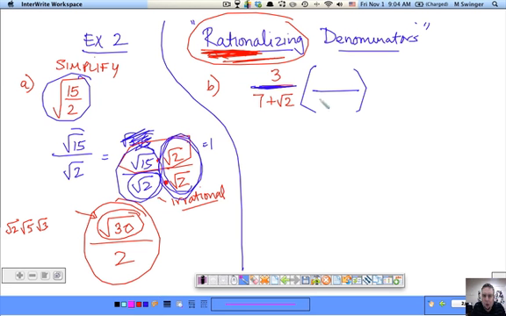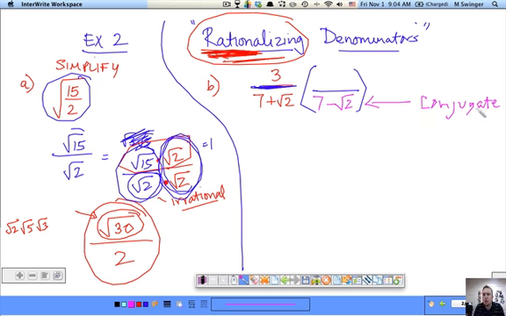You have to multiply by 7 minus root 2. You recognize this? 7 plus root 2, 7 minus root 2. That's a difference of squares. A plus b, a minus b. What is this guy called? If you started with 7 plus root 2, 7 minus root 2 is called the conjugate.